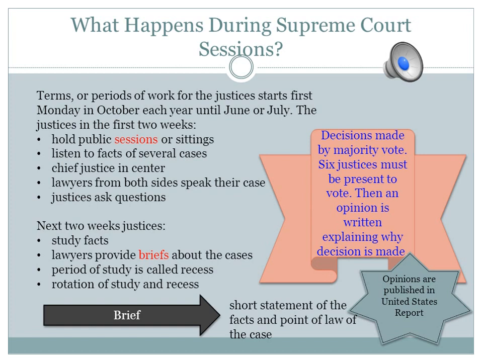Then the next 2 weeks, they study the facts. So they hear, they question, and then they study the facts. They provide briefs about the cases. Not the justices, the lawyers. So what do I mean by briefs? They give more information, some facts about the cases, so the lawyers can understand even better. And then the period of study is called recess.